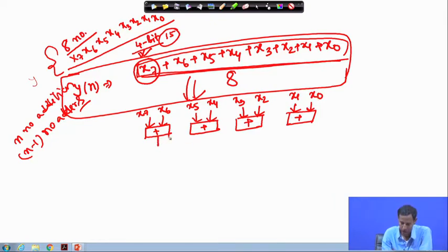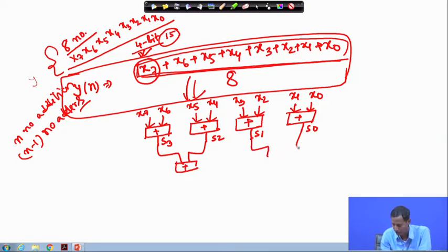I will get sum 3 over here, sum 2, sum 1 and sum 0. Then these 4 sums need to be added again. That means I need 2 adders for adding these 4 numbers.